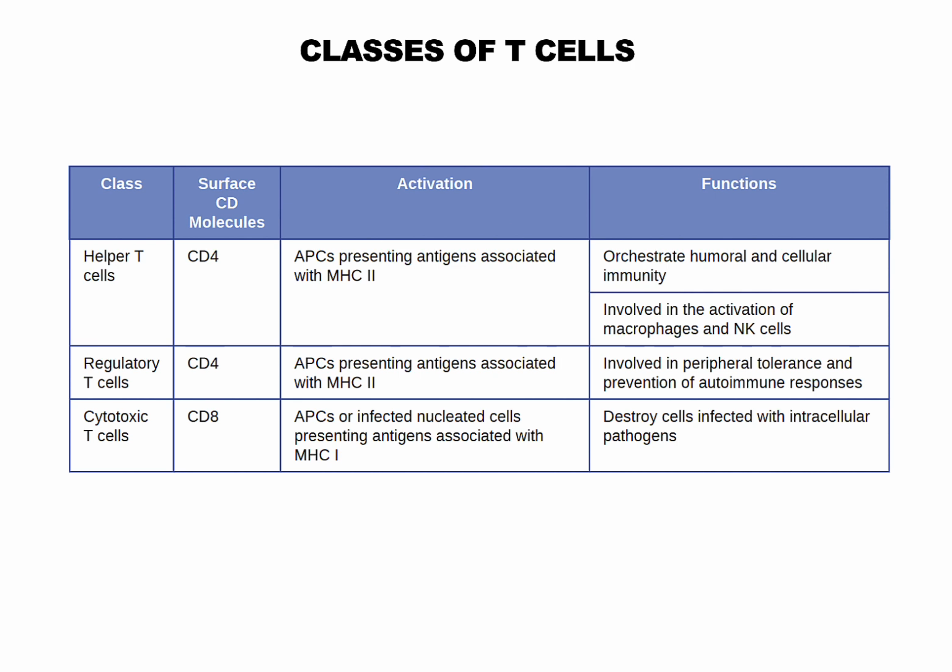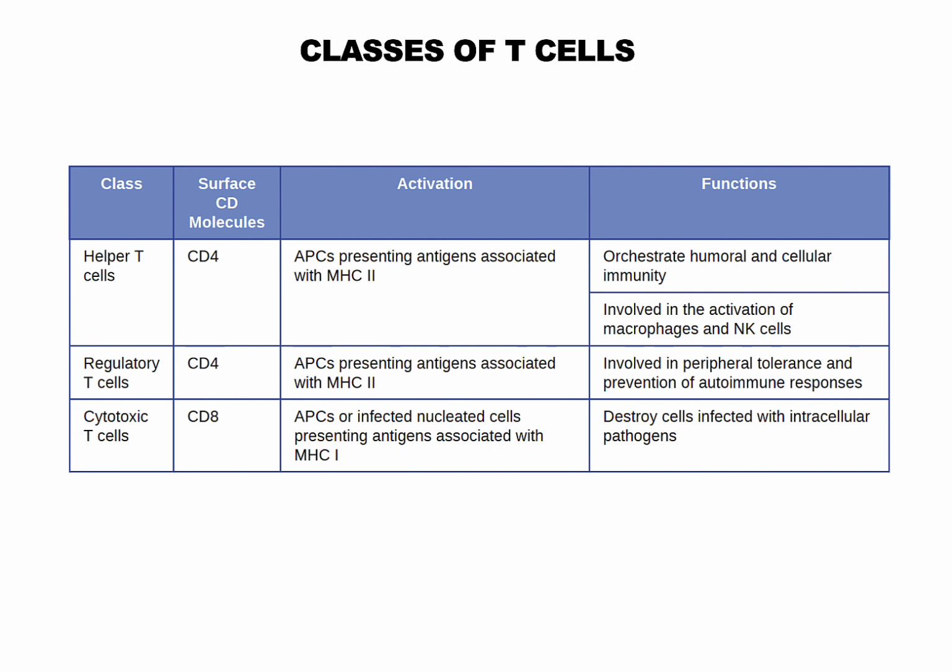Each class of T cells plays a vital role in maintaining immune function and homeostasis. All T cells express cluster of differentiation, or CD, molecules, which are glycoproteins on the cell surface that help identify and differentiate among various white blood cells. The most significant CD molecules for the T cell classifications are CD4 and CD8.